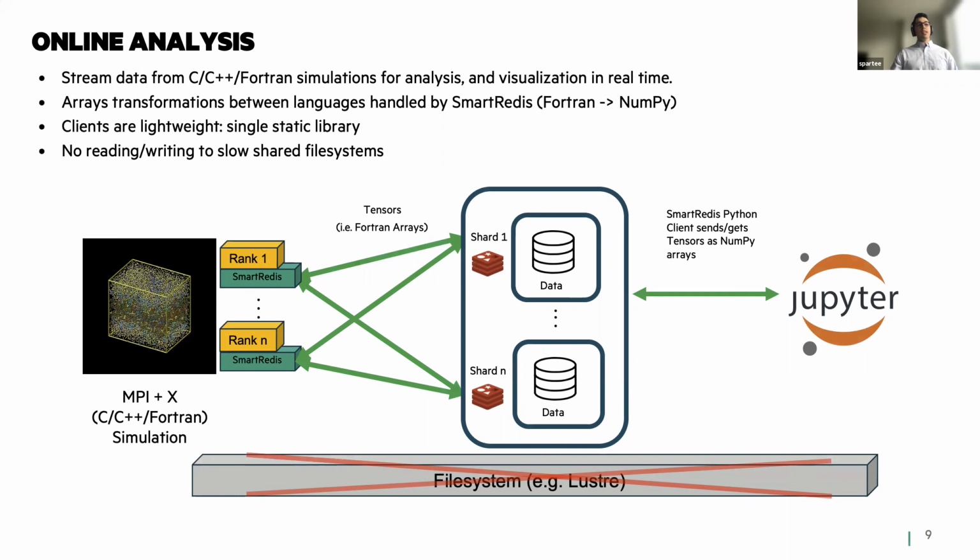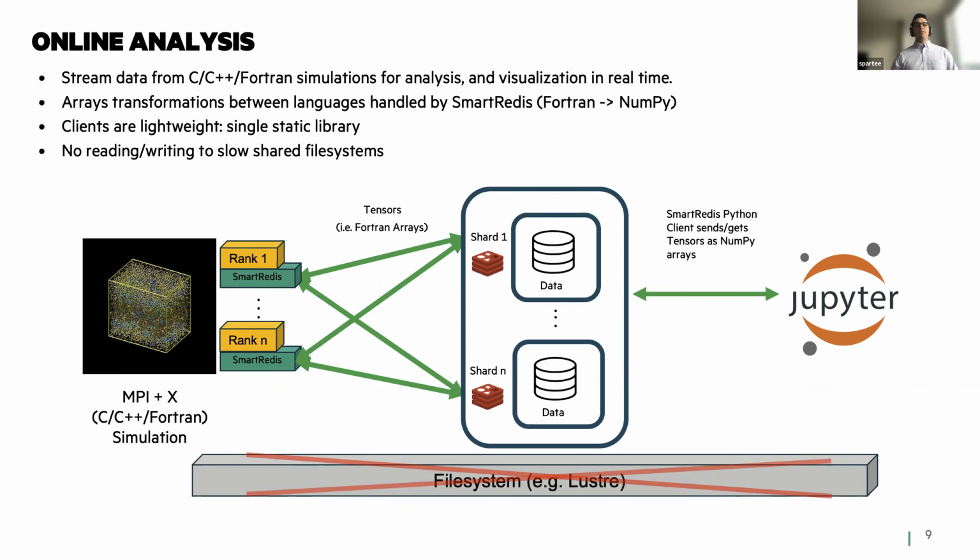And you can include the clients. Usually what we do and what we've seen users do is we include one client on every rank of the simulation. In this way, you can have every rank sending the data local to that rank without having to do expensive MPI collectives and whatnot to the database, and then reconstruct that in a language where it's much easier to reconstruct your domain, like in Python.